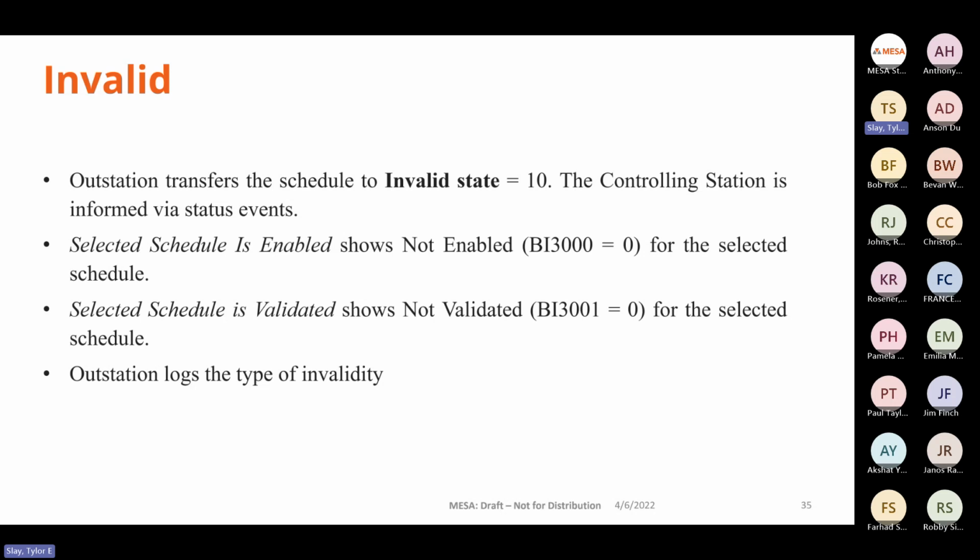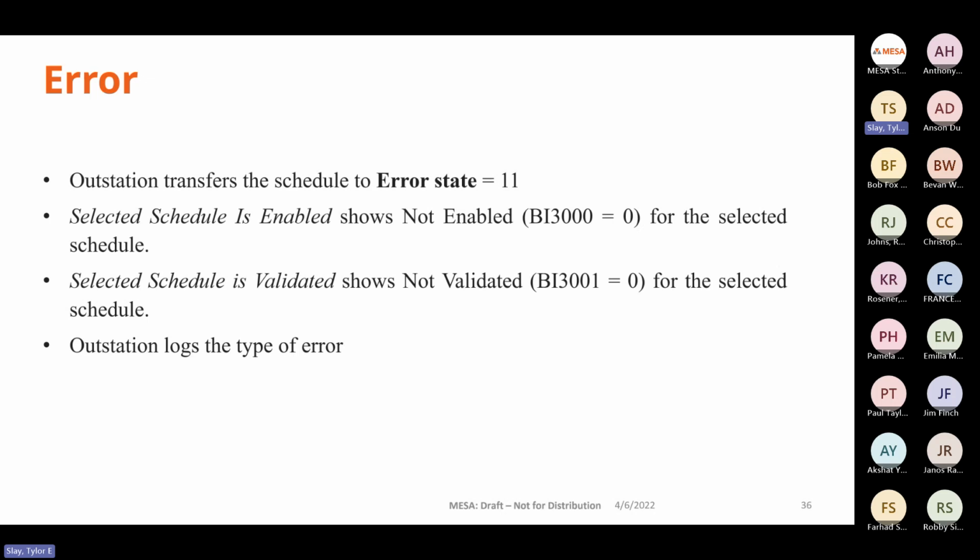And the outstation logs the type of invalidity. So that's kind of how you'd be able to backtrack for debugging purposes if the schedule went through this control state.